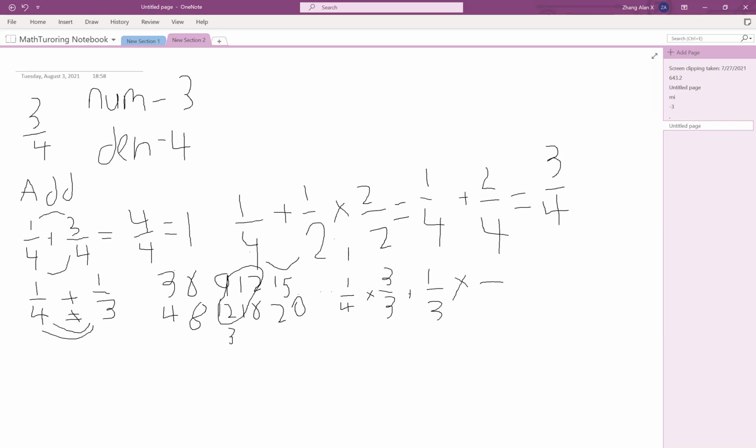Four. Yep, let's drop 4. So we'll go 4/4. Then the numerator would also be 4 because it equals 1.